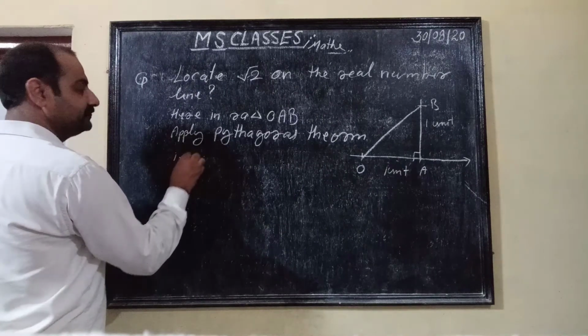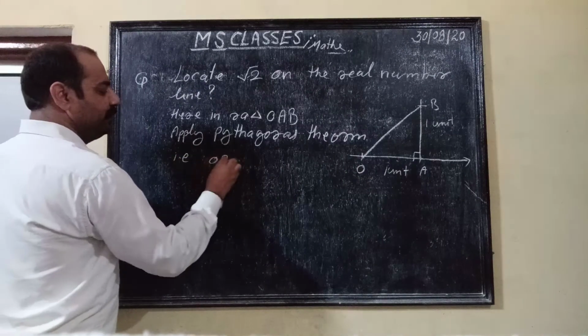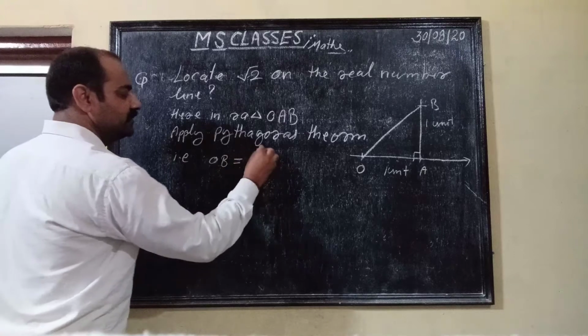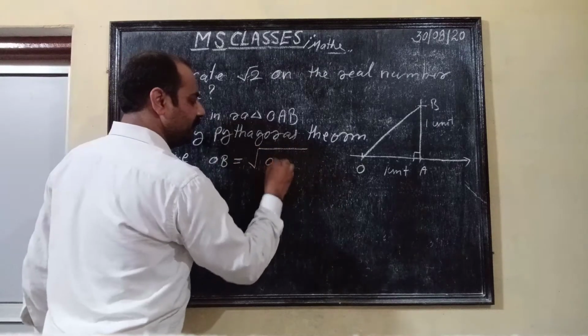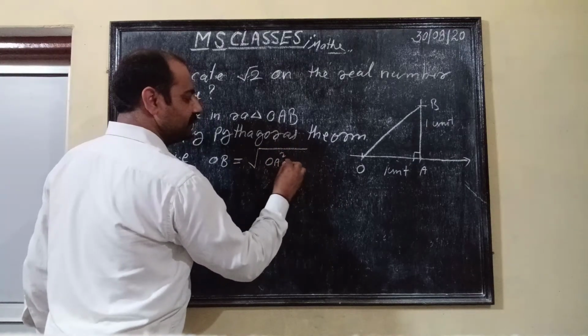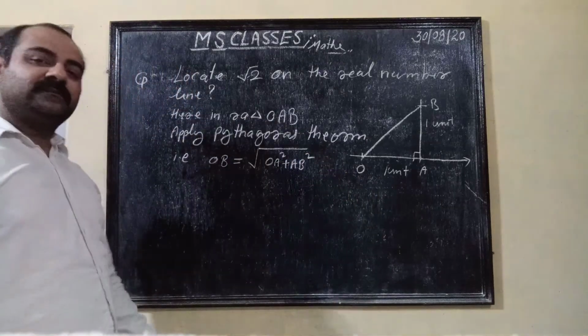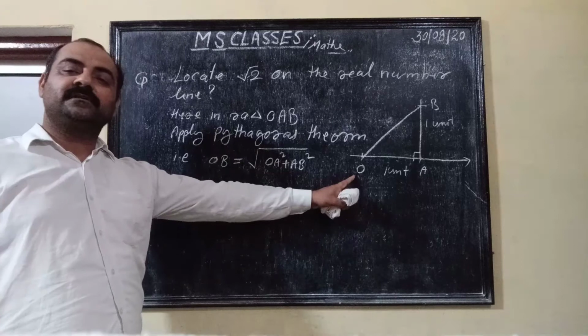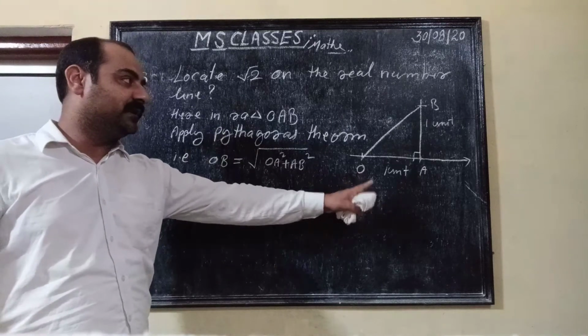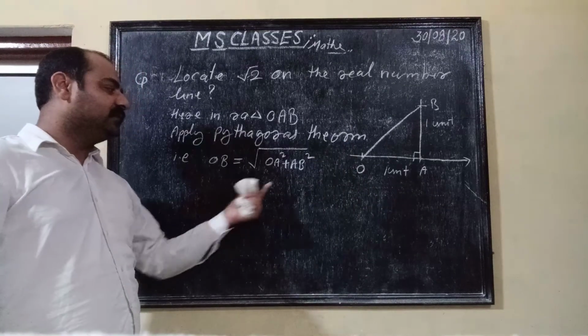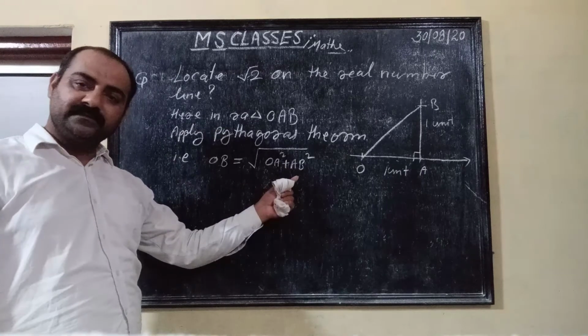That is, OB is equal to the square root of OA whole square plus AB whole square.